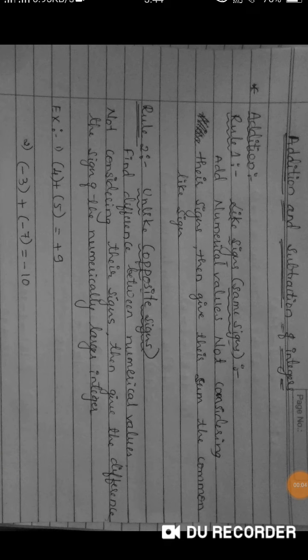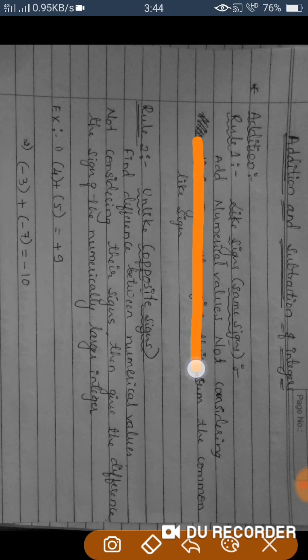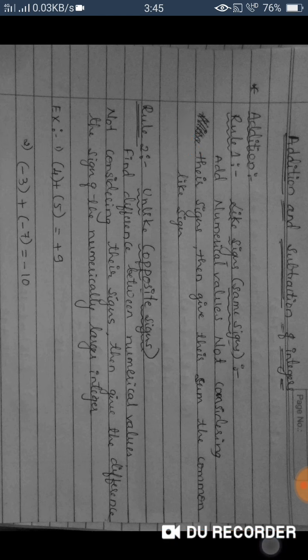Add the numerical values, not considering their signs, and give their sum the common sign. That means if you want to add two integers, add the numerical values and keep the common sign. That is the addition of integers when both have the same sign.